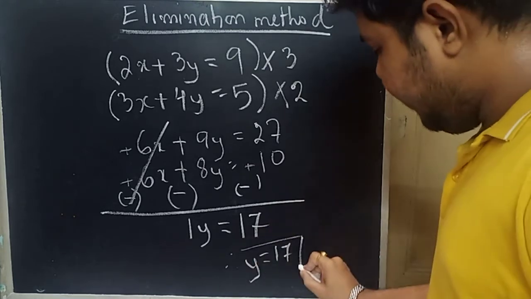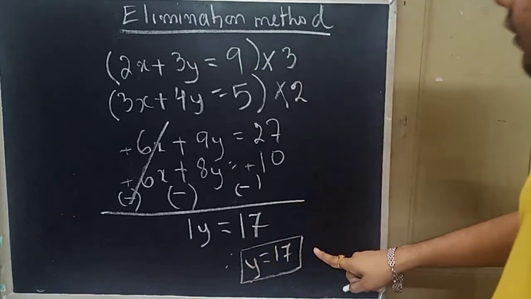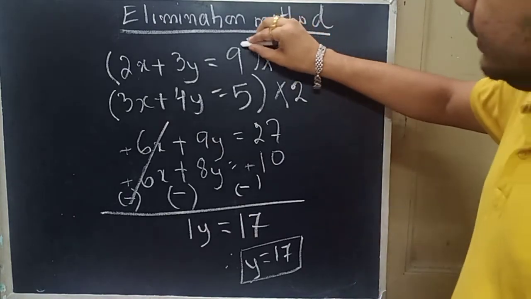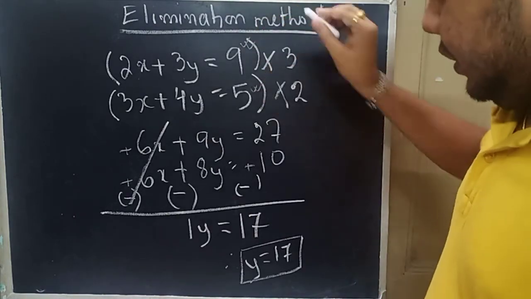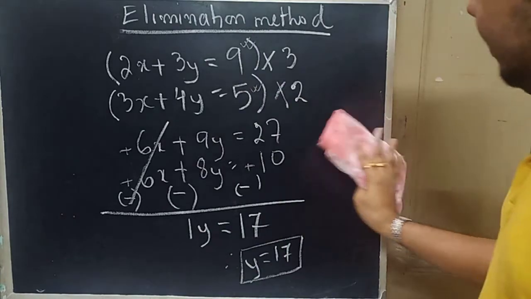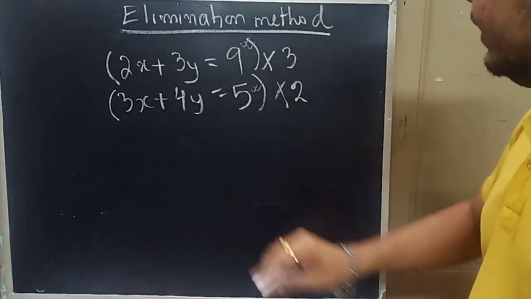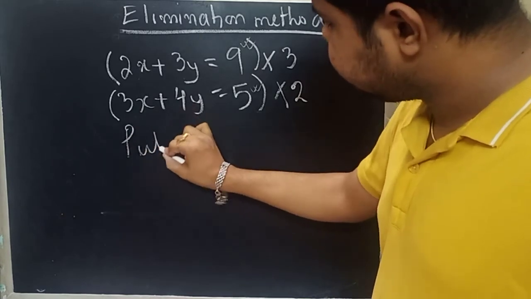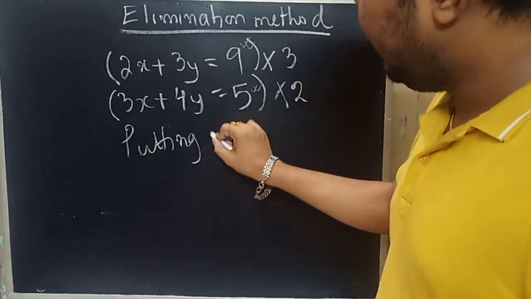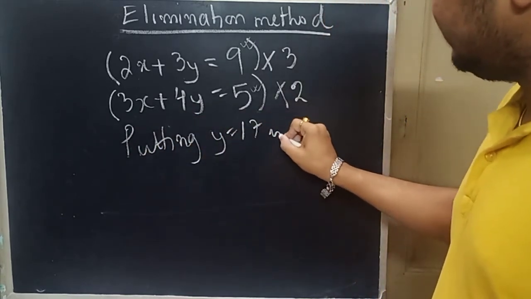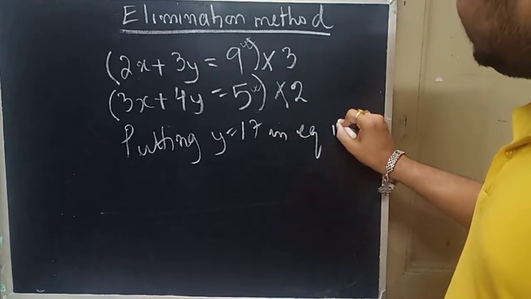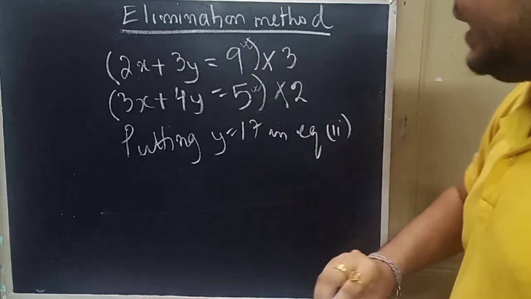Now the same way you got the value of y 17, you can put either in this equation or in this equation. So if I place the value of y in second equation, I'll get the value of x. So we'll write putting y equal to 17 in equation 2. This is my second equation. First equation, second equation.